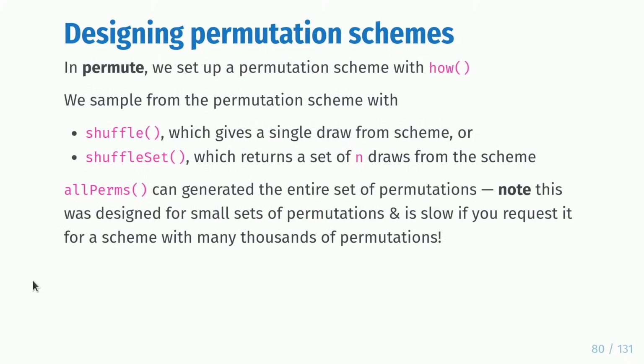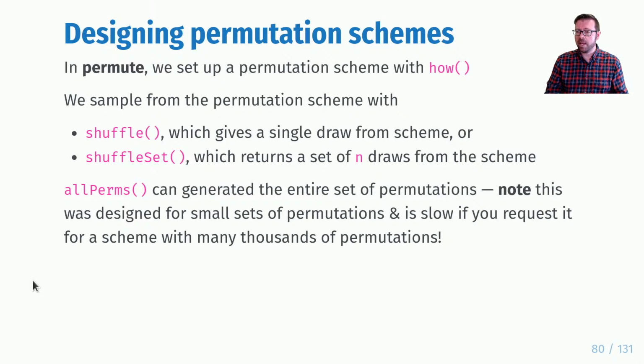Okay. So what are we going to do then? The way we set up the permutations is with a function called how. And if you wanted to use permute in your own code, then shuffle will give you a single permutation from the permutation scheme, and shuffleSet will give you back n permutations from that.